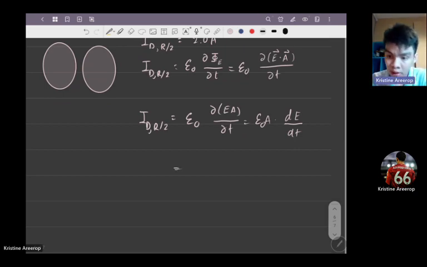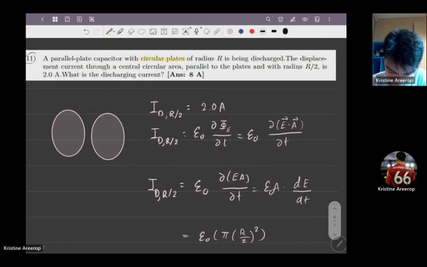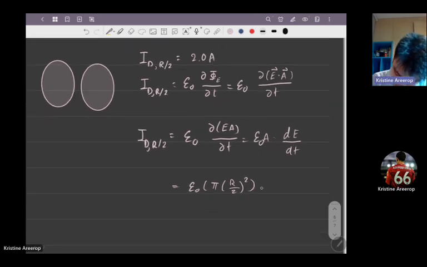Now epsilon 0 multiplied by A is pi, the half of R squared, because this is the displacement current in the region of radius half of R, multiplied by dE by dt. I call this equation 1.